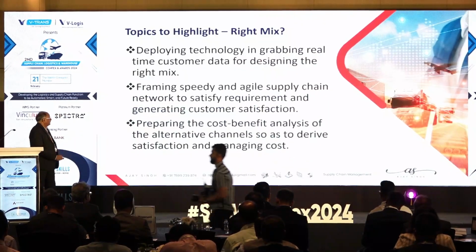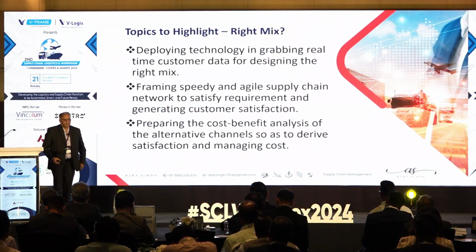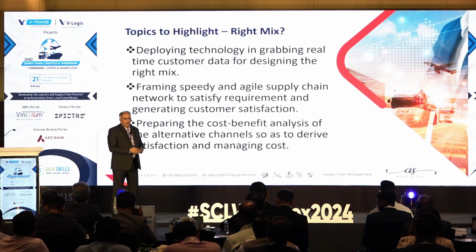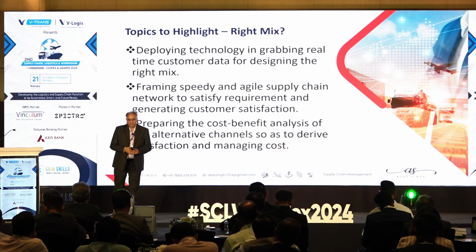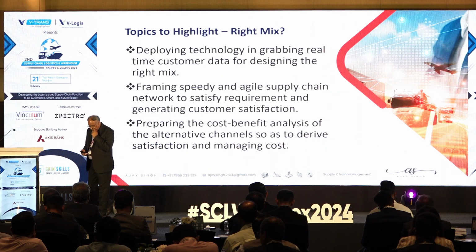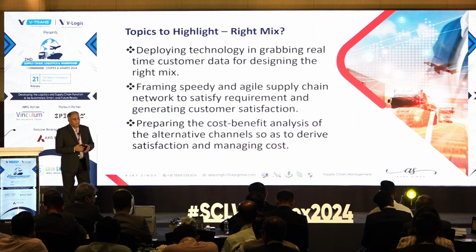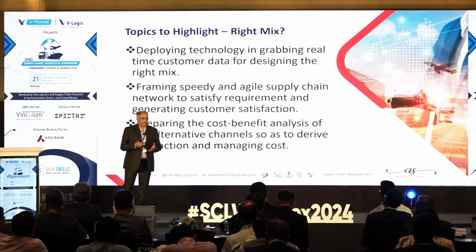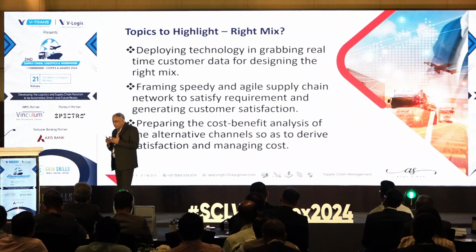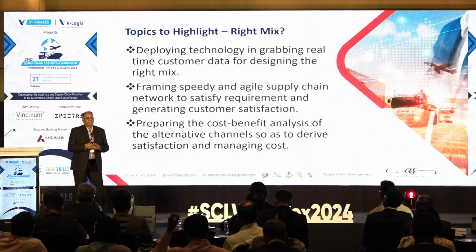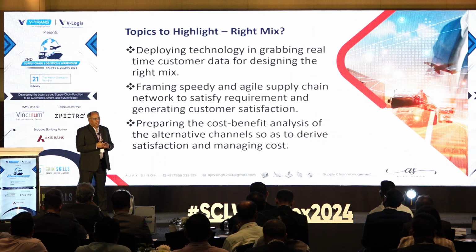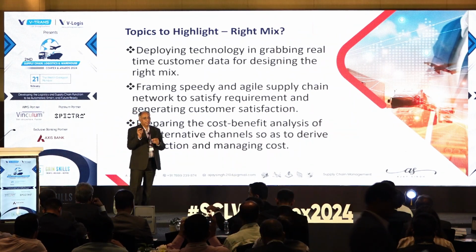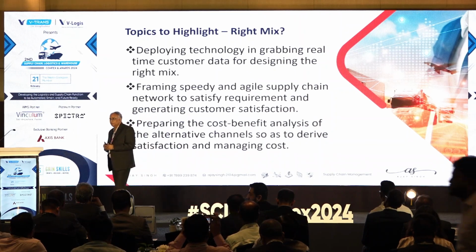Basically, I'll cover the complete session in three parts. The first is how real-time customer data and the right mix have to be elaborated. The second part is that everybody is talking about agility and resilience, so how can we make this network more agile and speedy, so that we generate more for the customer, because everyone's existence is based on some customer, like everybody is customer to customer.